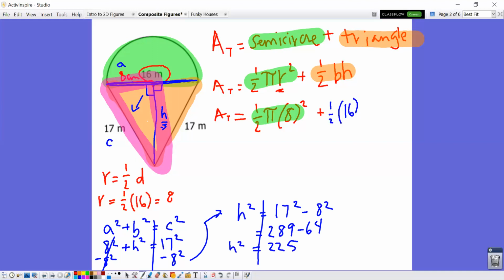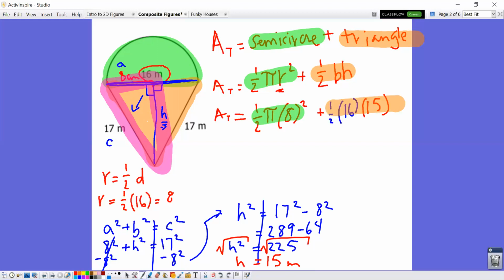And then we can take the square root of both sides, and we now know that our height is 15 meters.